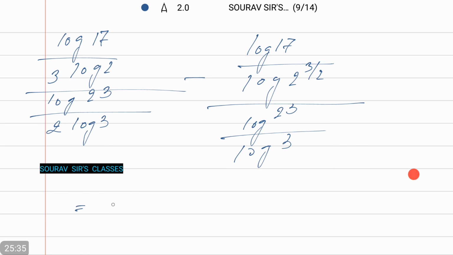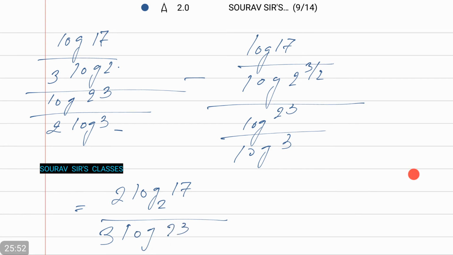Which is equal to 2 log 17 to the base 2 divided by 3 log 23 to the base 3, minus 2 log 17 to the base 2 by 3 log 23 to the base 3.